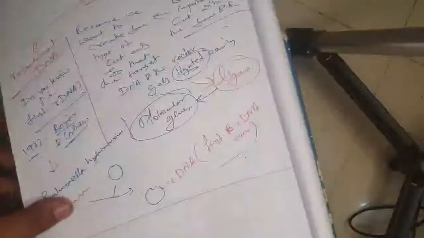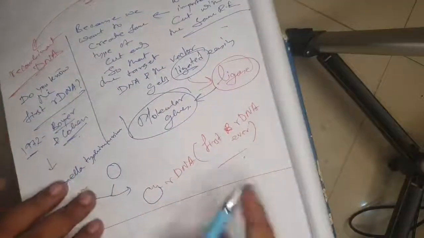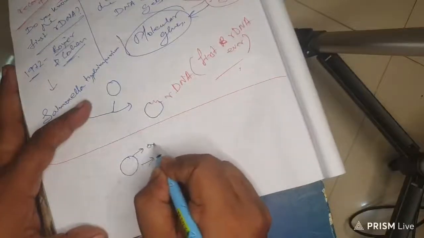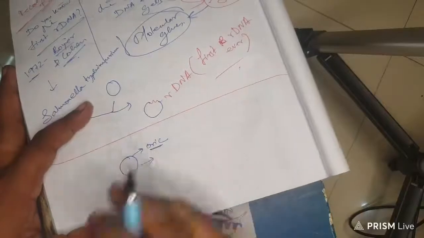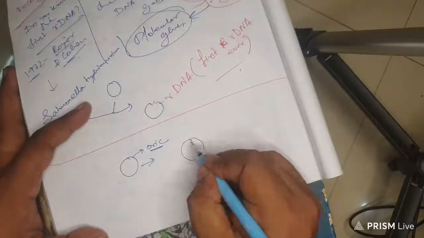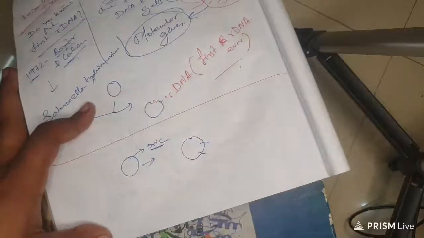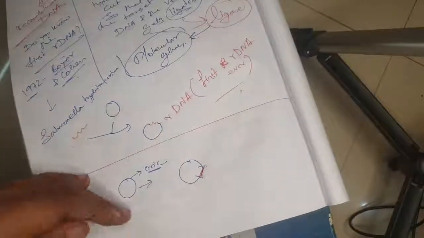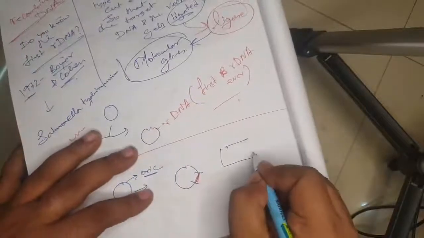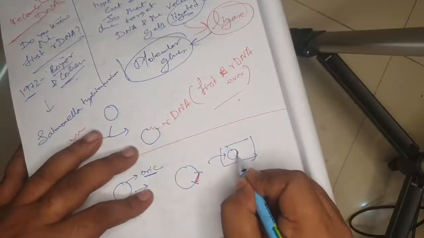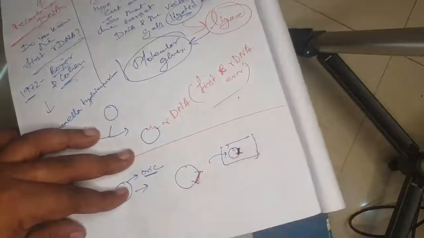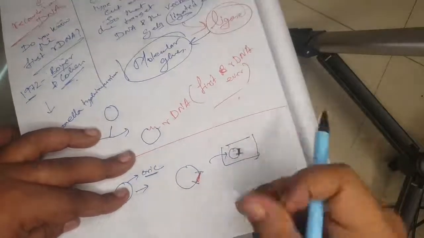And then I would also say that if the plasmid itself has an ORI, where ORI means origin of replication, then if you insert the gene in a plasmid, naturally when the plasmid is inside the cell, suppose this is your gene of interest, and this is the bacterial chromosome.